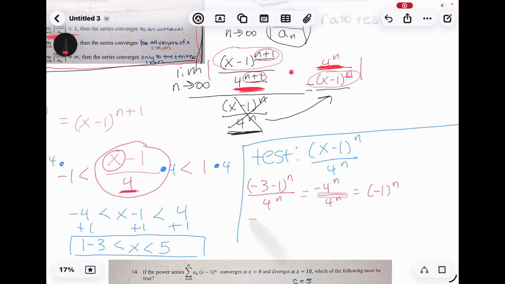So the left bound would be sigma n from 0 to infinity, -1 to the n. And if we use the nth term test, which I'm assuming you did, this does not approach 0. Which means that this diverges. So we know that the left bound diverges.